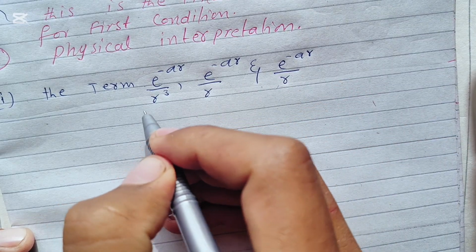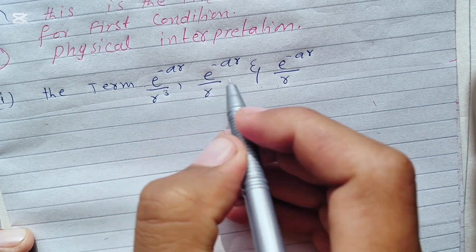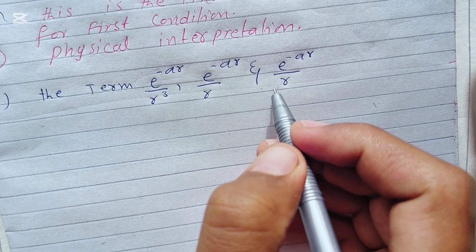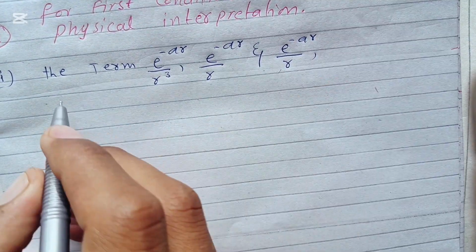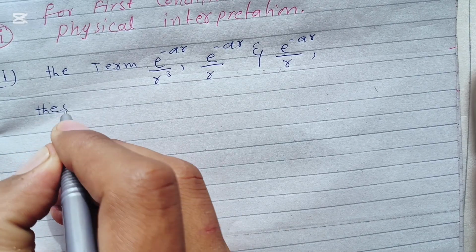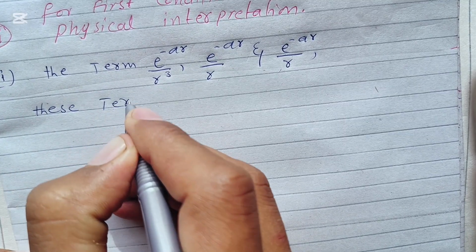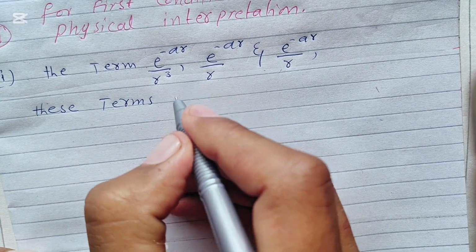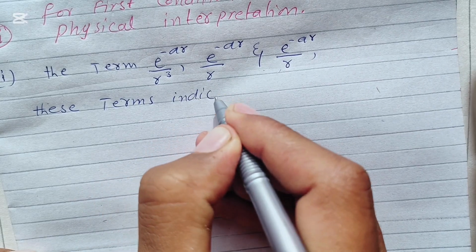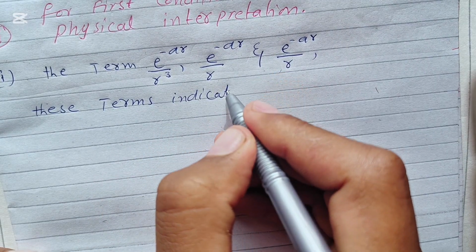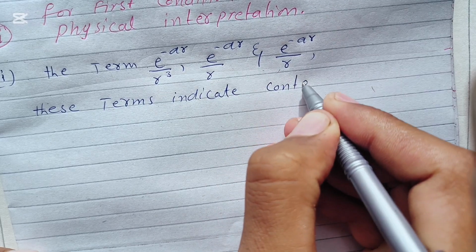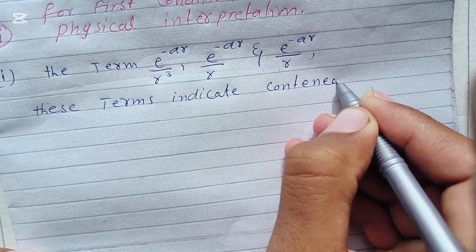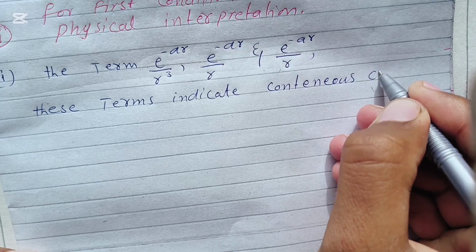These terms indicate the continuous charge distribution around the nucleus.